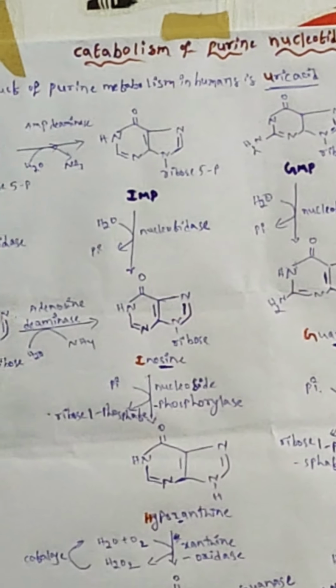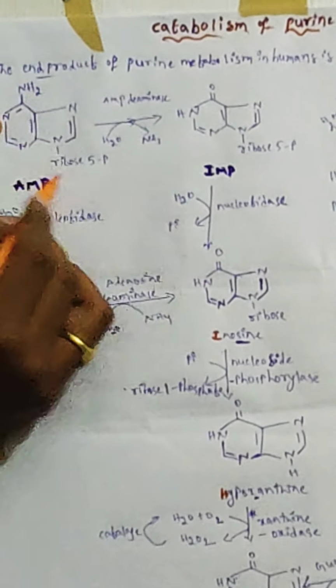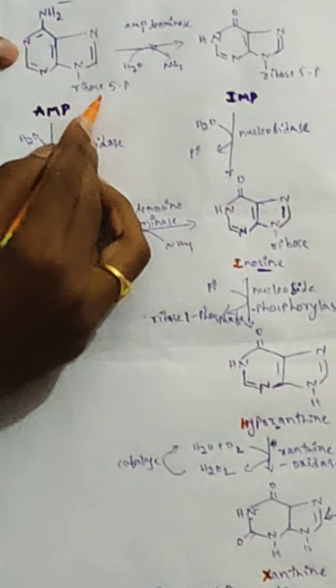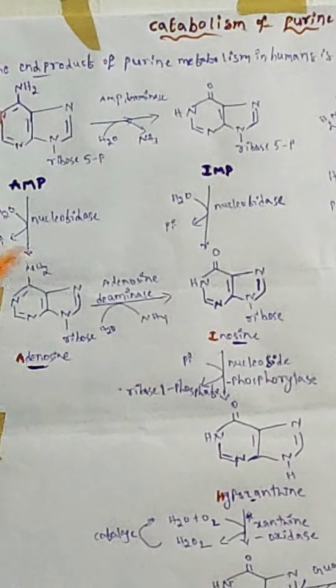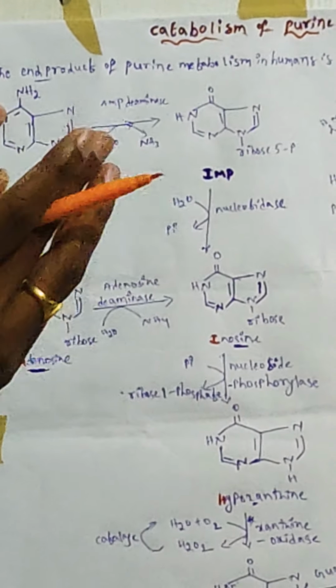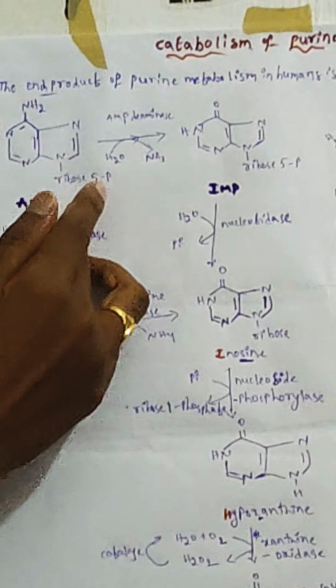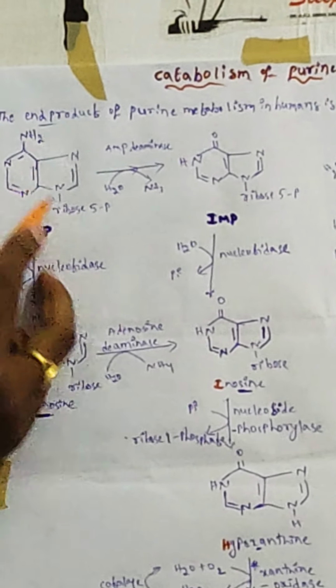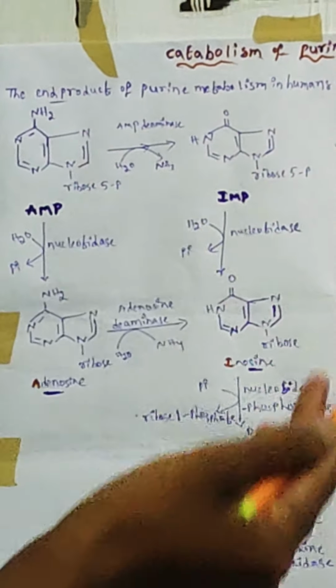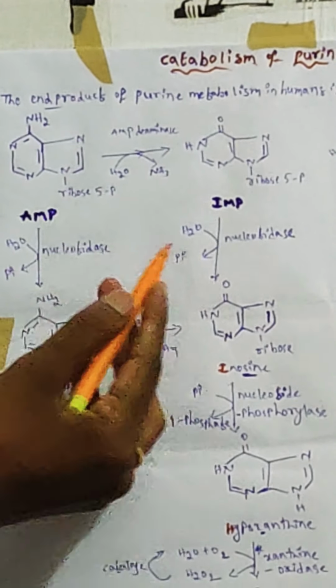Here you can see inosine monophosphate has a phosphate. A nucleoside here means just adenine plus sugar, which is known as adenosine, without the phosphate. The combination of adenine plus ribose sugar is adenosine.